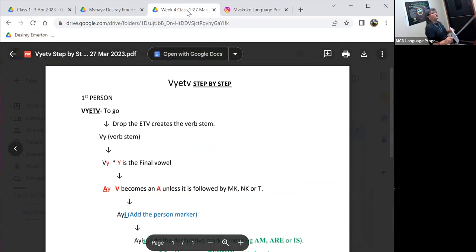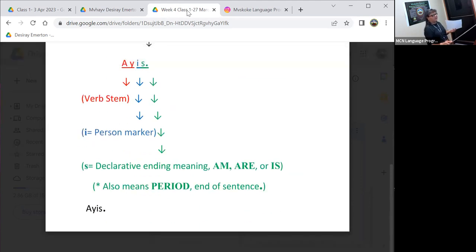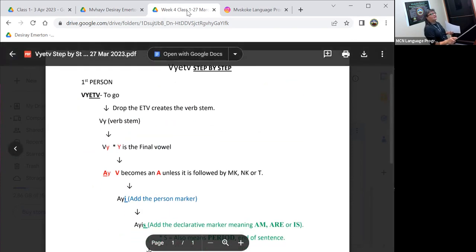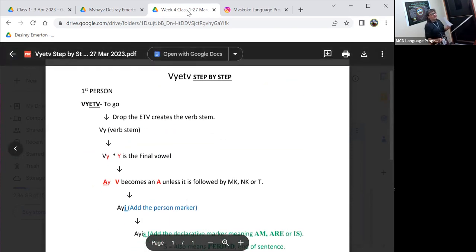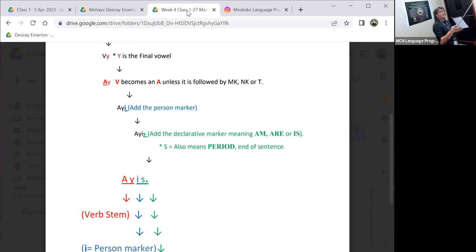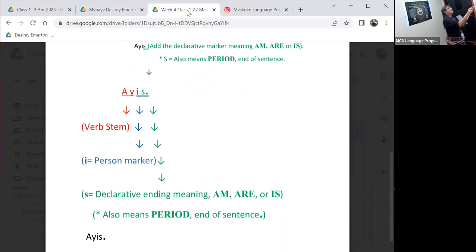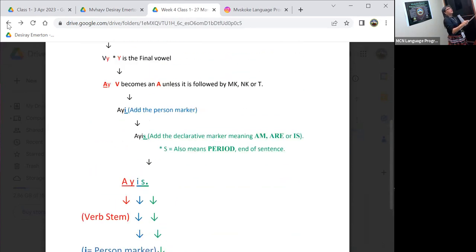So you went from ayida to ayes. I am going. That's the one a lot of people get confused at because it does start with a V, but there's the reasoning on why it changes to A. Ayes. All right. Anybody have any questions on that one?